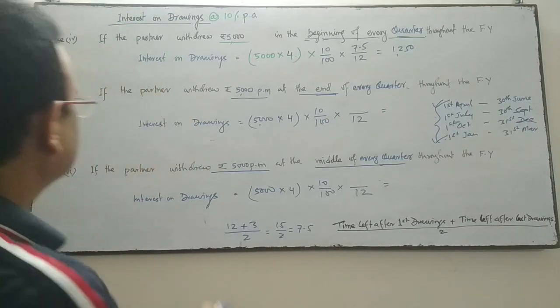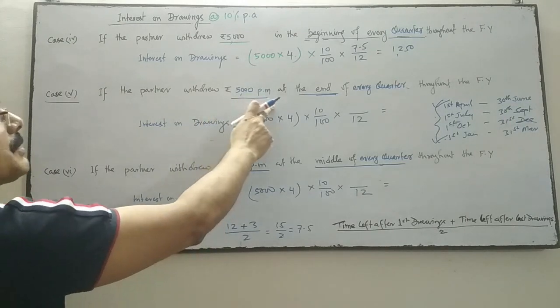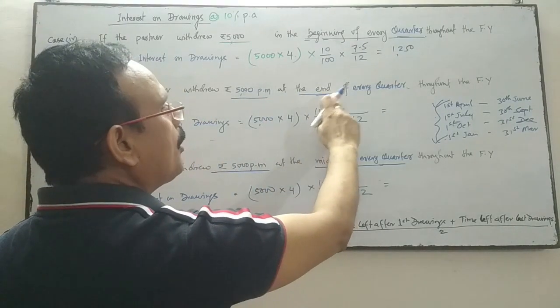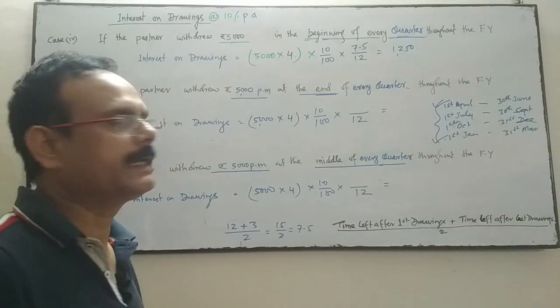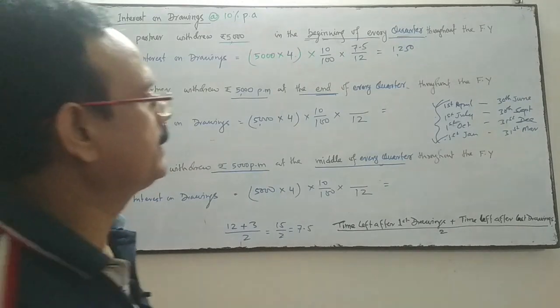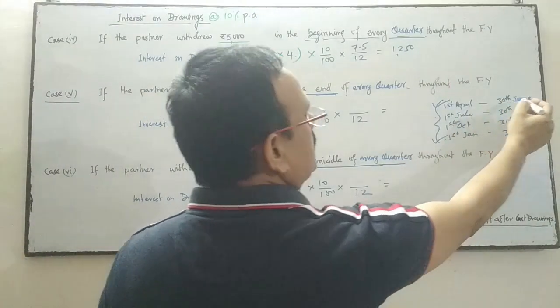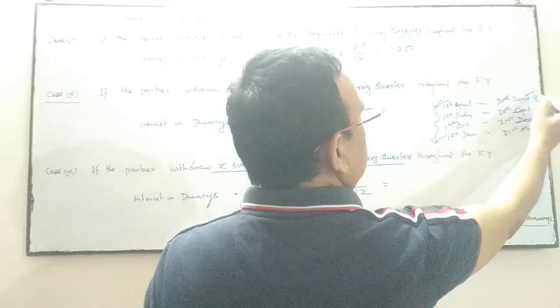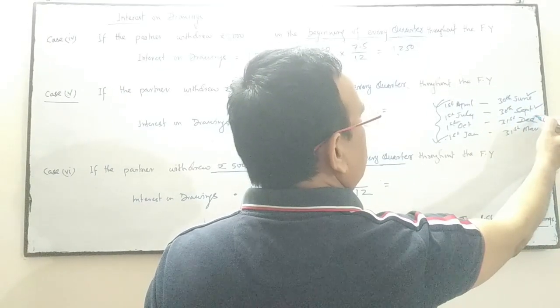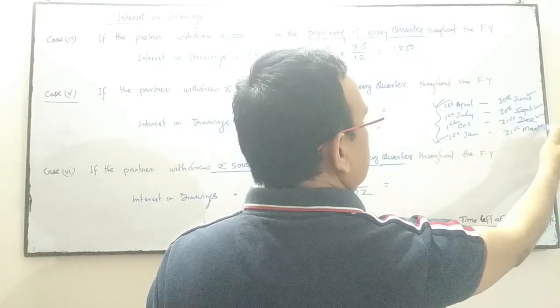Next, if the partner withdrew rupees 5,000 at the end of every quarter, means 30th June, 30th September, 31st December and 31st March.